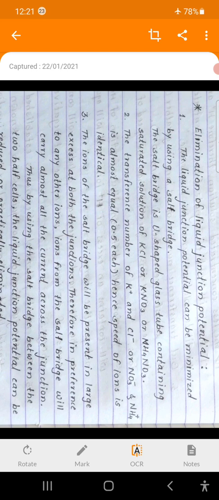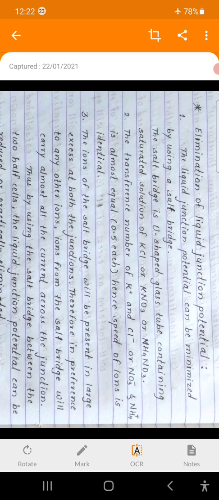Because if we consider any one of the salts, KCl, KNO3, NH4NO3, the transference number of cation and anion in each case is exactly equal, that is 50-50. In the case of KCl, the transference number of K plus is 0.5, while that of Cl minus is also 0.5. Therefore, these salts only are used.